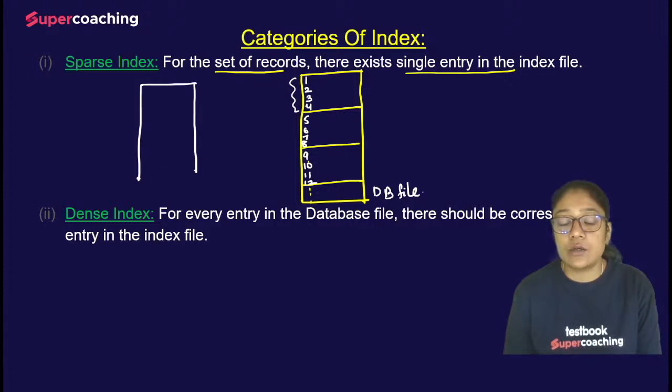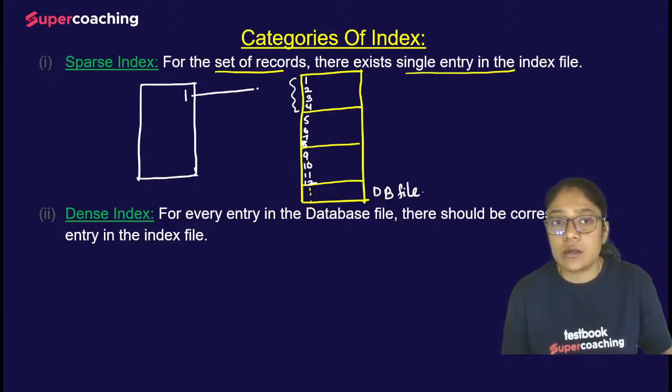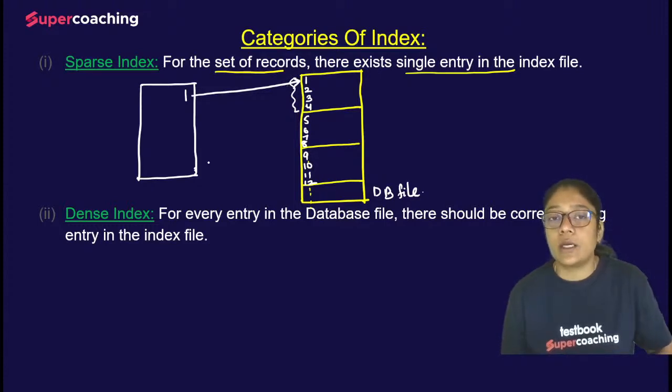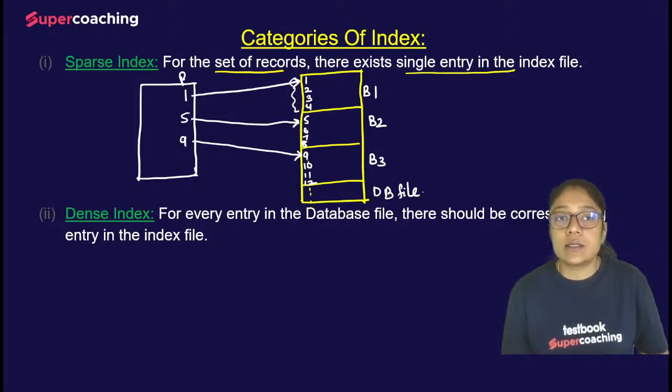For a block, it is just pointing to the first record of the block. Next one is 5. From the second block, it contains just one entry. For each block, it takes only a single entry. This is the example of the sparse index. Here, for a group of entries, we have just one entry in the index file.